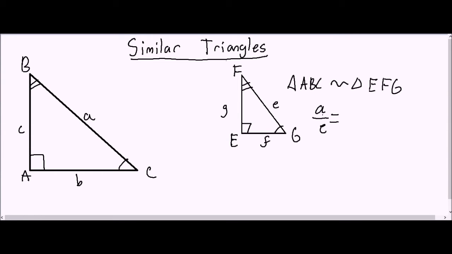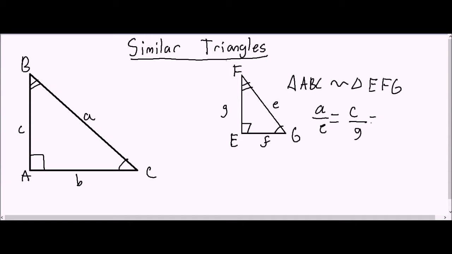When you divide those two, it's equal to c, which is opposite of this single line on the first triangle, to g, which is opposite of the single line angle on the second triangle.